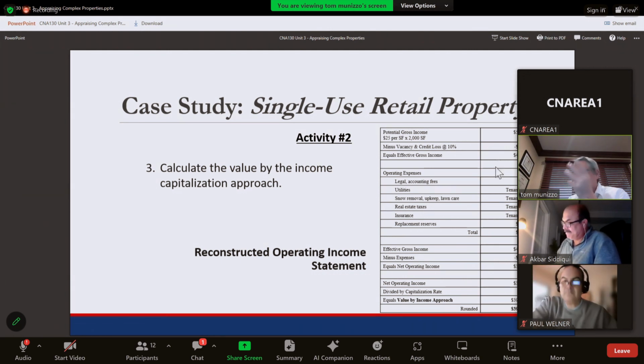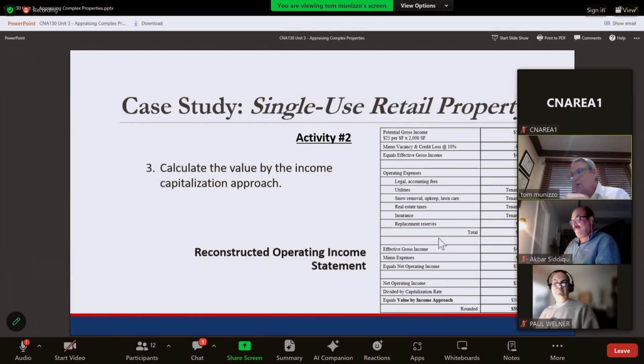So this case study said 750 was legal and accounting. Replacement reserves was 5,000. But look at what it has here: taxes, insurance, snow removal, upkeep, lawn care, and utilities. All tenant pays. That's the advantage of that triple net lease, because the owner of the building doesn't have to pay that.